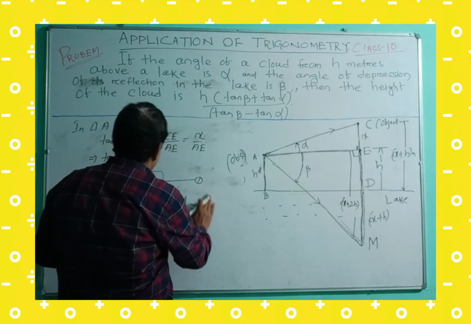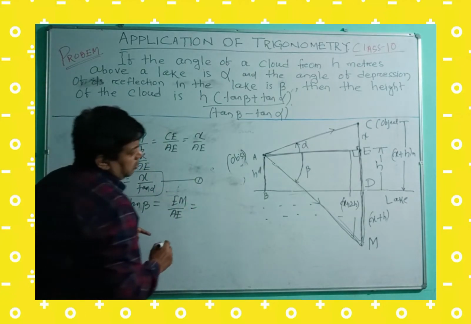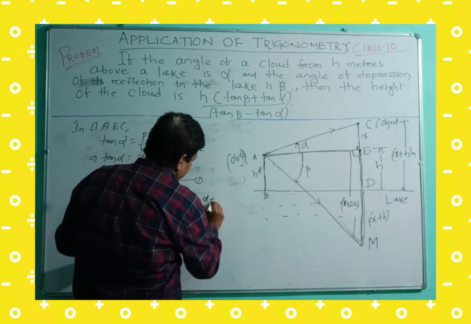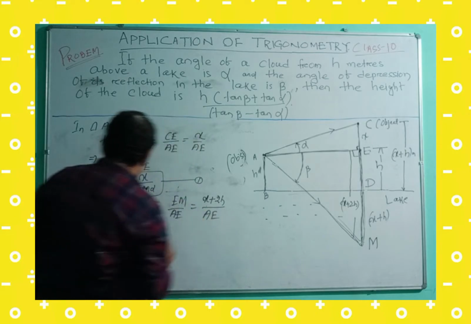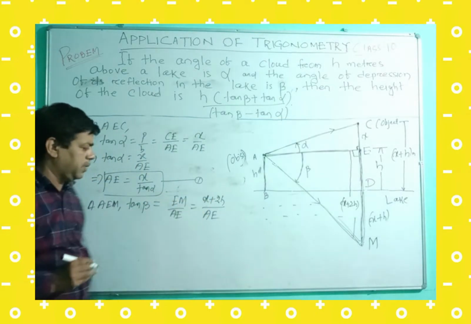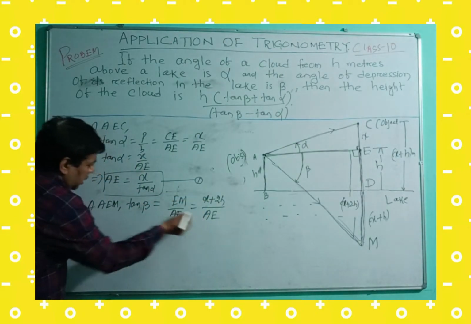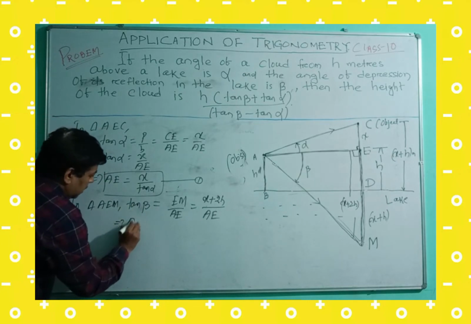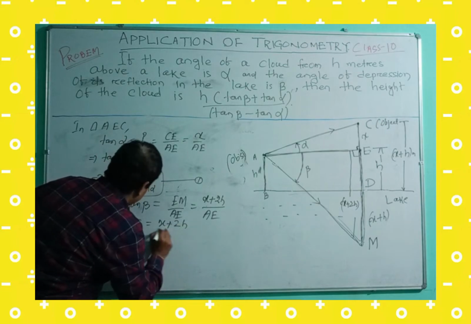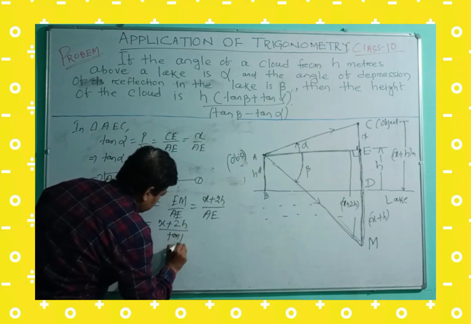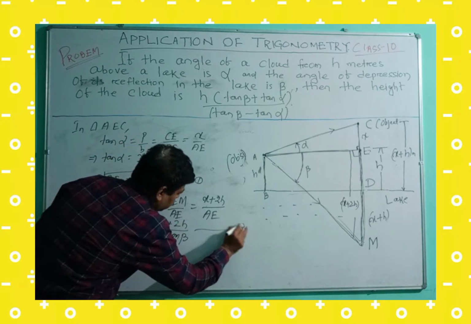What is the length of EM? The EM is already given, the length X plus 2H. So X plus 2H by AE. Yes or no? Tan beta is equal to X plus 2H by AE. If you transpose AE, AE will be equal to X plus 2H by tan beta. This is equation number 2.